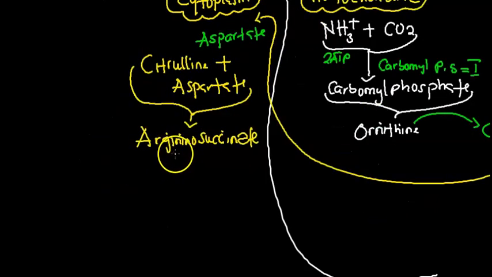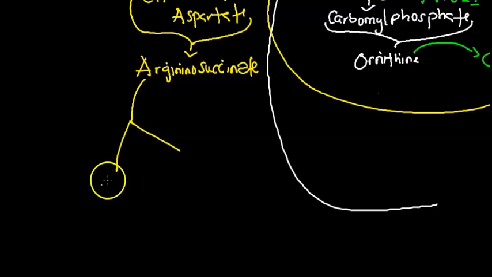In this case, the argininosuccinate will move further. When it moves further, it's simply going to split. When it splits, it's going to form what we call the arginine and fumarate.